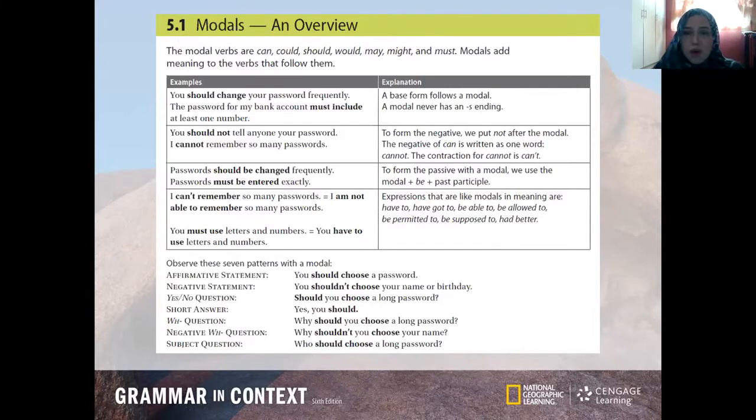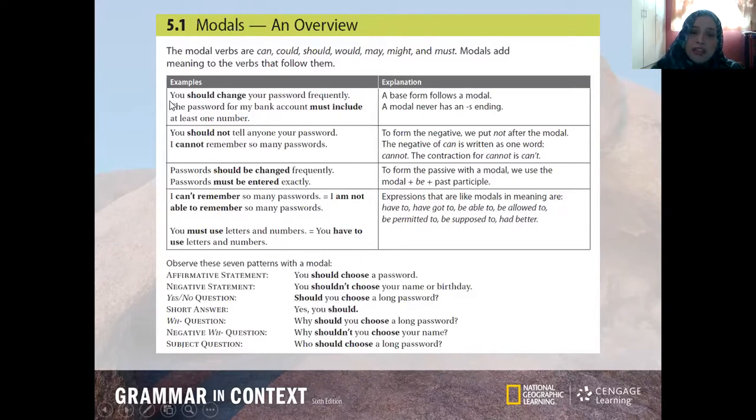You cannot use modal verbs with past tense or any other tense, because the main verb will be in the base form. For example, let's look at this sentence. You should change your password frequently. So here, the main verb is actually change, and change is in the base form, okay?